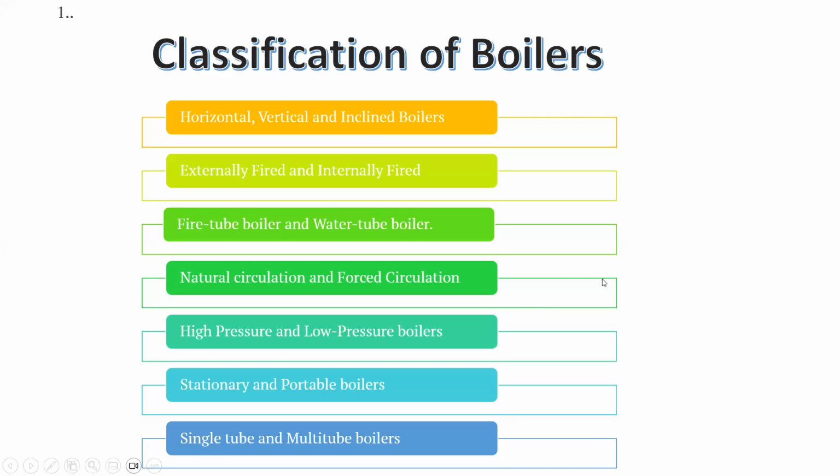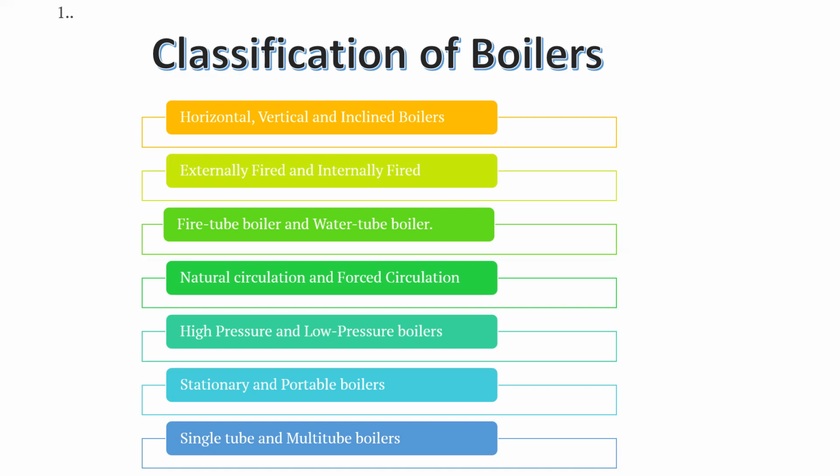the classification. Classification means the different parameters we consider for boilers. The first one is horizontal, vertical, and inclined boilers. Earlier, we said there is a closed vessel, right? Vessel in general has the basic shape of a cylinder. Okay, so a cylinder will have an axis.